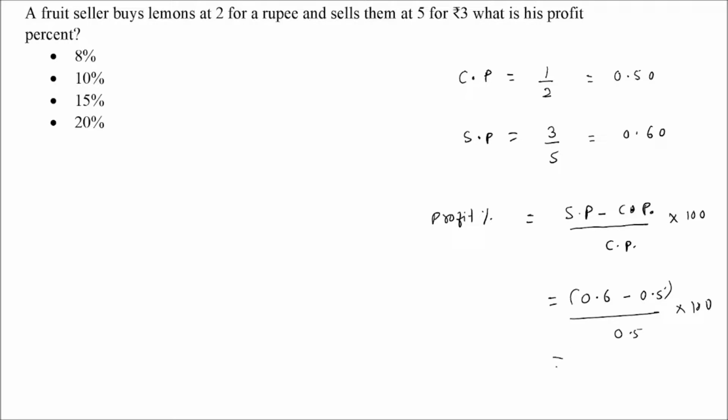Okay. So what is this here, bachcho? 0.6 minus 0.5 will be 0.1 upon 0.5 into 100. So this point we can cancel. 5 ones are 5, 5 twos are 10. So the profit percent will be 20%. So this is our answer.